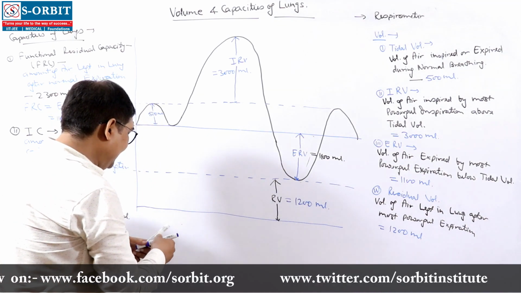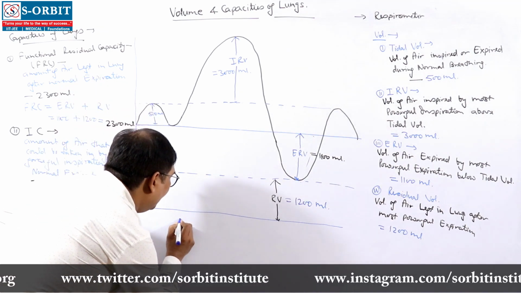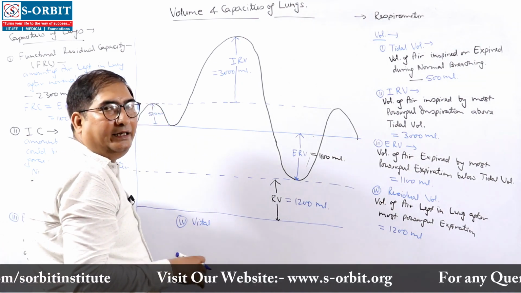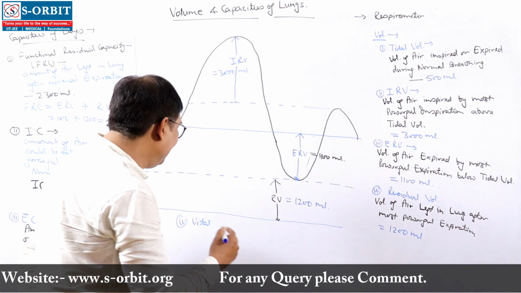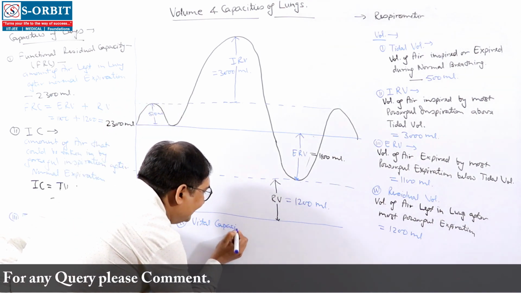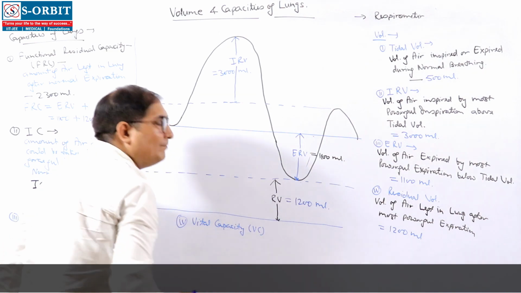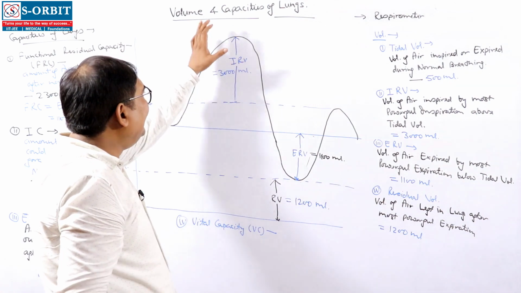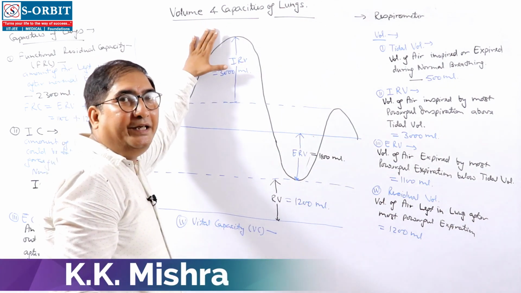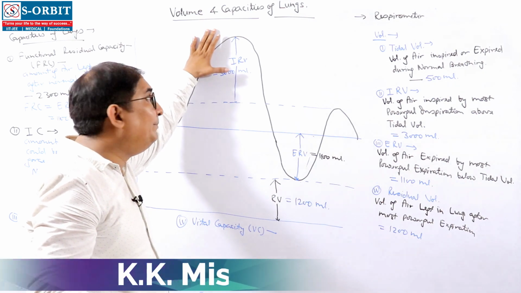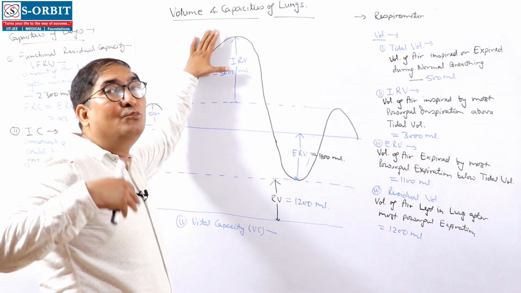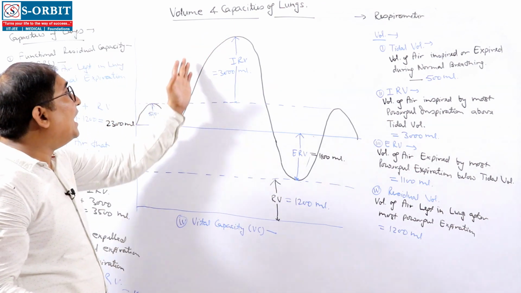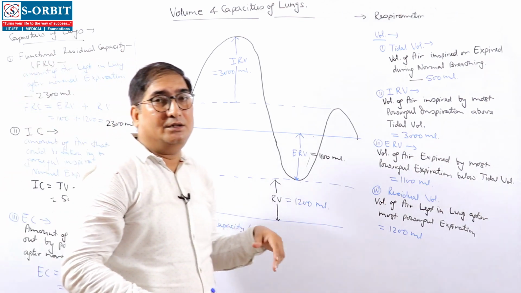Now fourth is vital capacity, which is very important for exam point of view as well as for pathological examination in any case of lung diseases. Vital capacity or VC. And what is this vital capacity? Vital capacity is the amount of air that can be expelled out by most powerful expiration after most powerful inspiration.